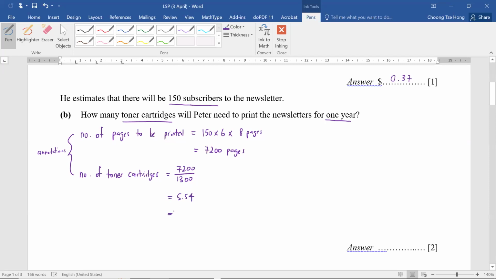But we can't be buying just 5.54 cartridges. We need to round up to the nearest whole number. So this means that we will need to buy 6 toner cartridges.